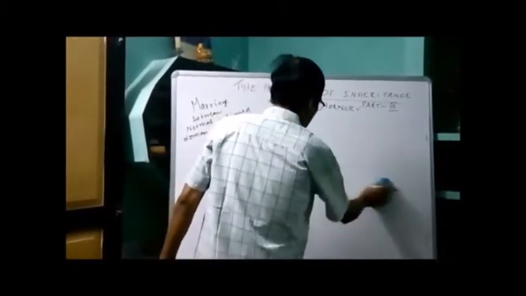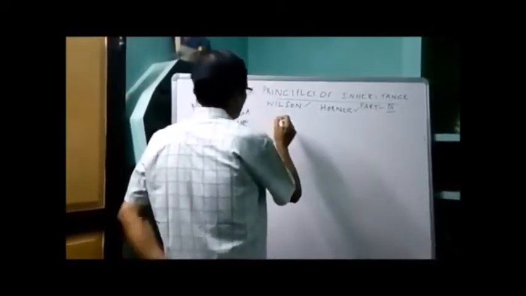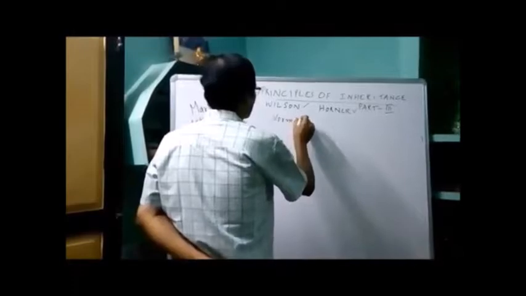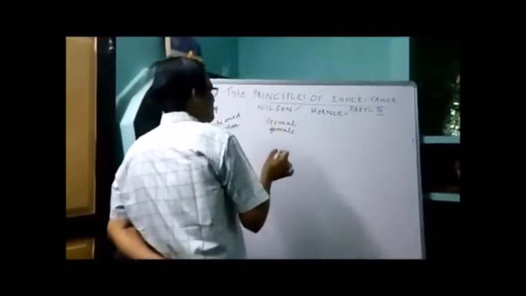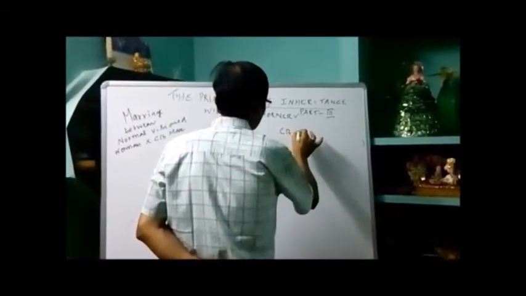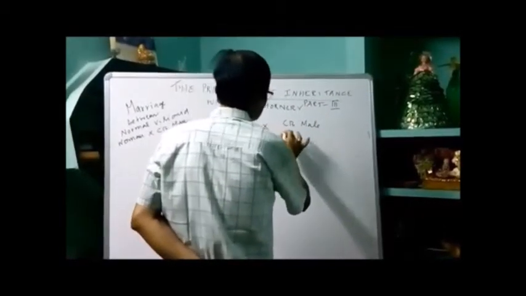Now I'll take a normal female, a normal woman, and a colorblind male. This is a marriage.